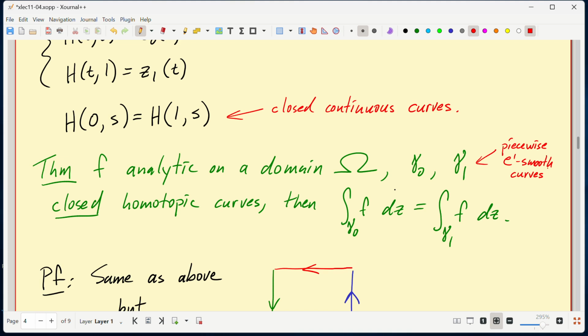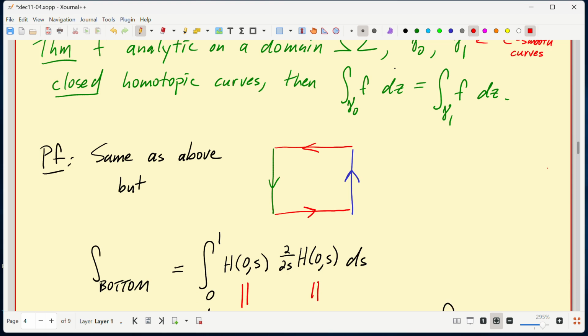So this says analytic on a domain. That domain could have holes. So if these two curves both went around the same hole and are homotopic, then those integrals would be the same. All right, and the proof is exactly the same as above.